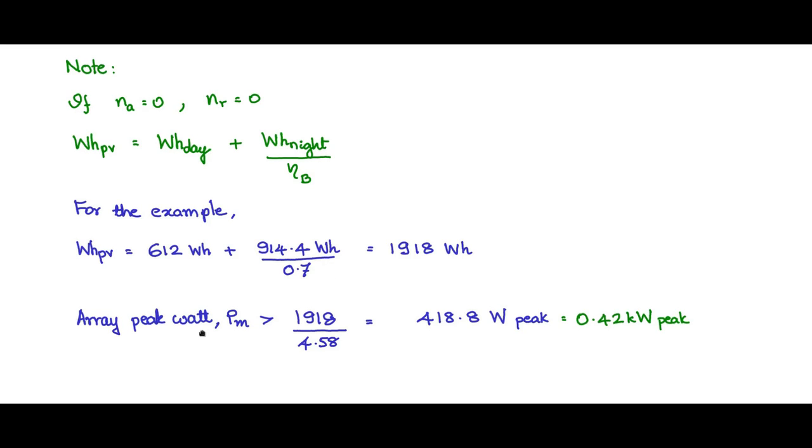The array peak watt PM should be greater than 1918 by H hat minimum, and H hat minimum for Bangalore we have found it to be 4.58 kilowatt hours per meter square per day, and here we are using it with the unit hours. So many hours of 1 kilowatt per meter square insolation. It will give you 418.8 watt peak or 0.42 kilowatt peak.